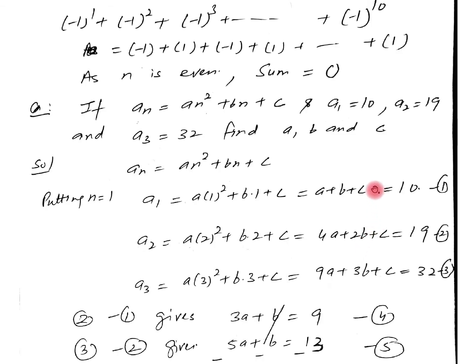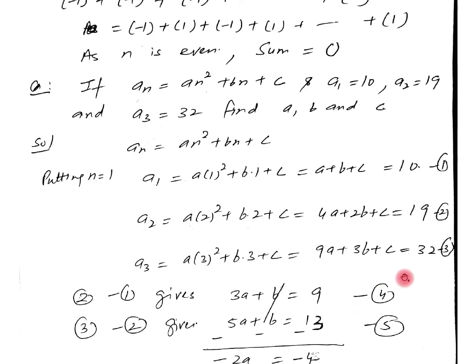Now 2 minus 1 gives 4a minus a, 3a plus b, c cancel with c, 19 minus 10 equal to 9. Similarly, 3 minus 2 gives us 5a plus b, again c will be cancelled, is equal to 32 minus 19 equal to 13. Now c has been eliminated.